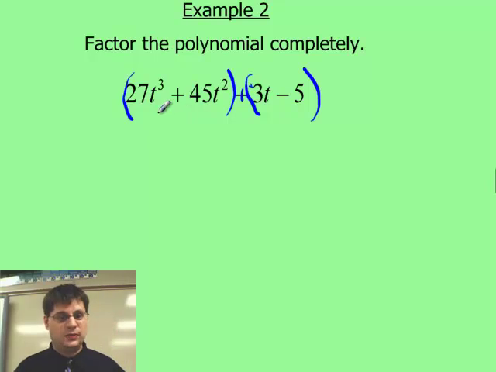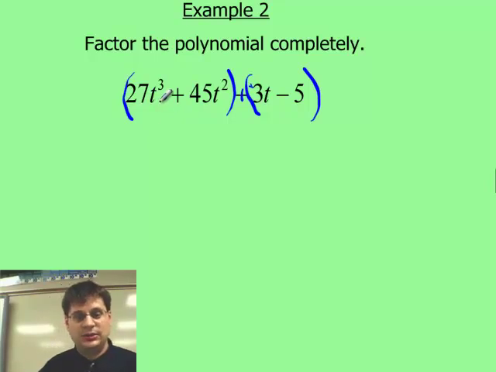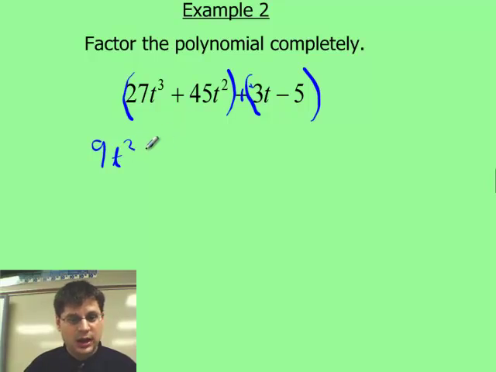And now I'll just start factoring out greatest common factors, GCFs. So it looks like the largest thing I can pull out of here is going to be 9t squared, and that's going to leave me with 3t plus 5.